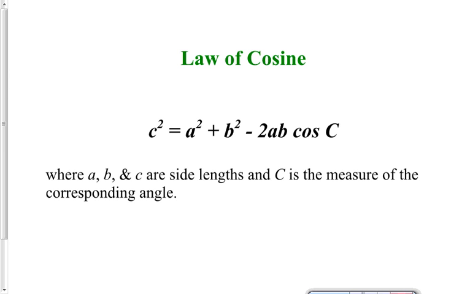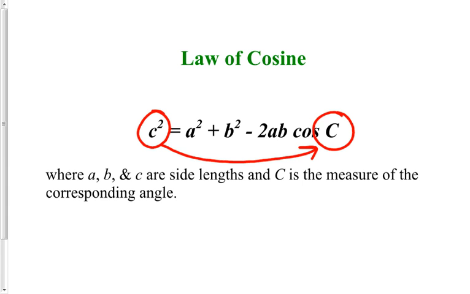So a couple important things about the law of cosine. The first very important piece is that there is only one angle in the law of cosine. We know capital letters are angles, lowercase letters are sides, right? This side out in front must correspond to this angle at the end of the law of cosine.